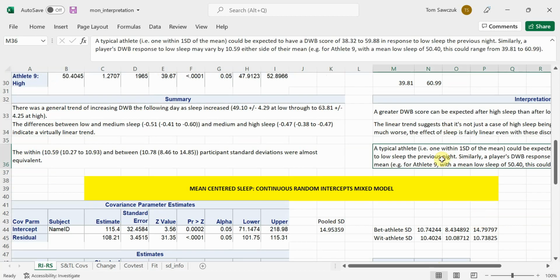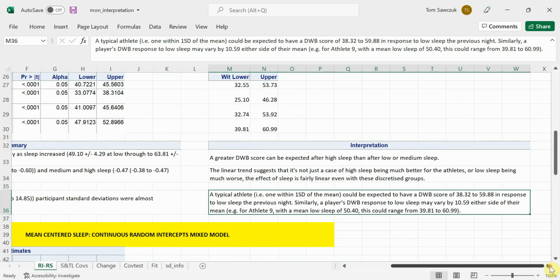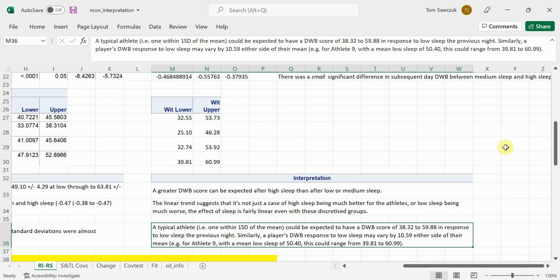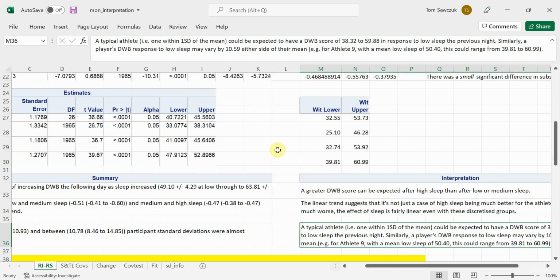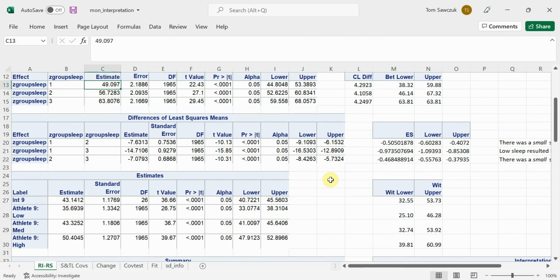And what we've done here is that a typical athlete could be expected to have a daily well-being score of 38.32 to 59.88 in response to the low sleep the previous night. So again, low sleep the previous night is 49.1, more or less.